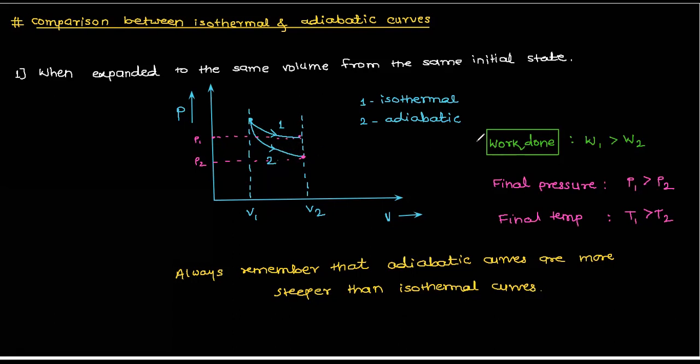Understood? So work done, W1 is greater than W2. Final pressure, P1 is greater than P2. And then final temperature, T1 is greater than T2 in this case. Understood? What is the condition? Condition number one we have seen here: when expanded to the same volume from the same initial state. Means see here, this point, the yellow point, is your initial state.